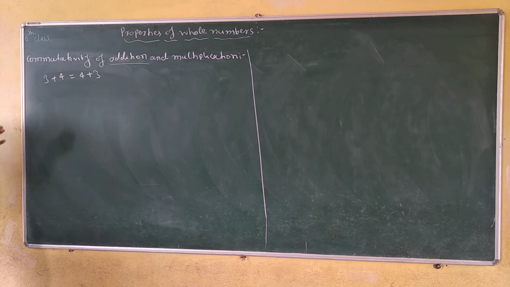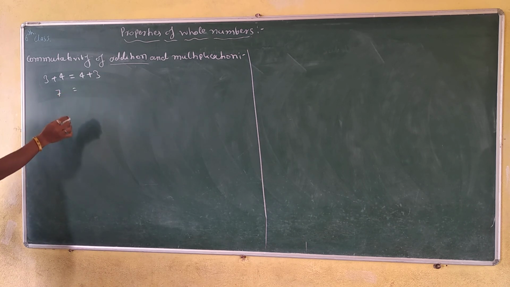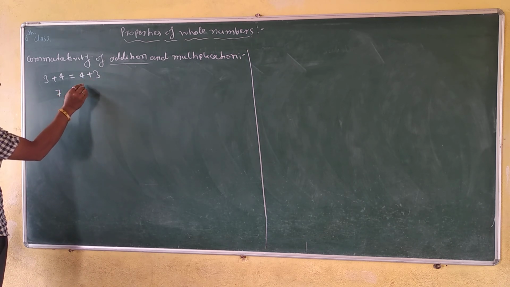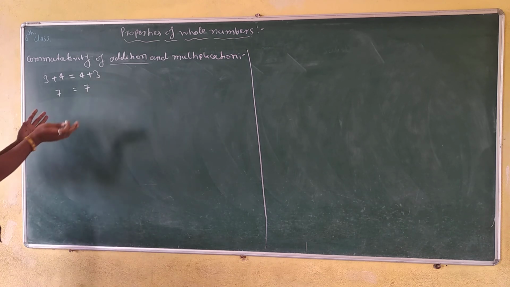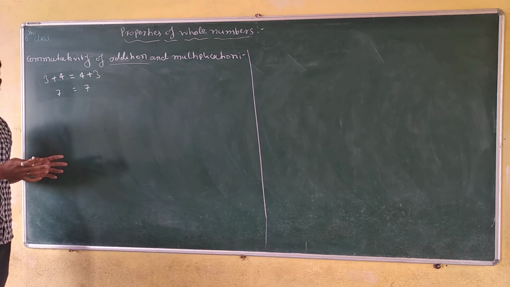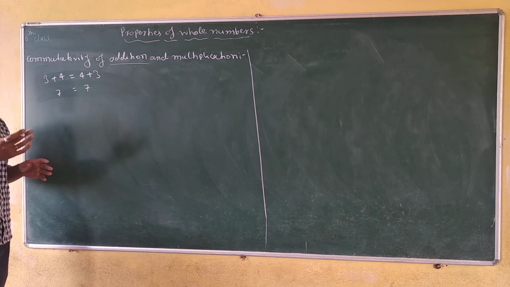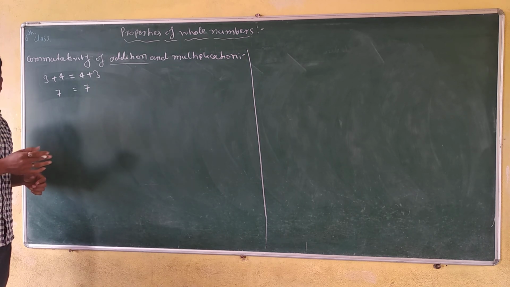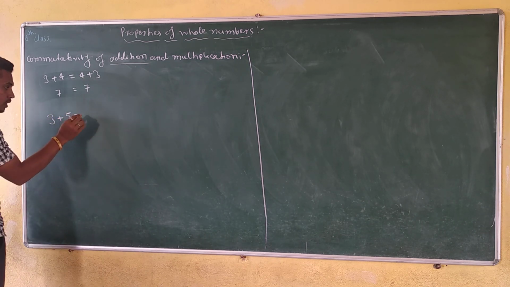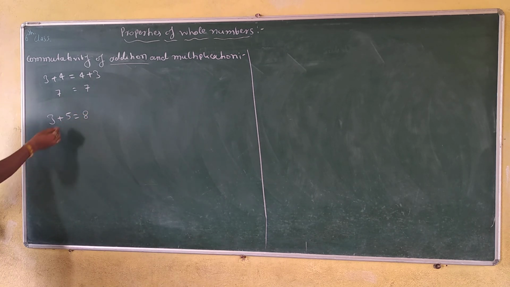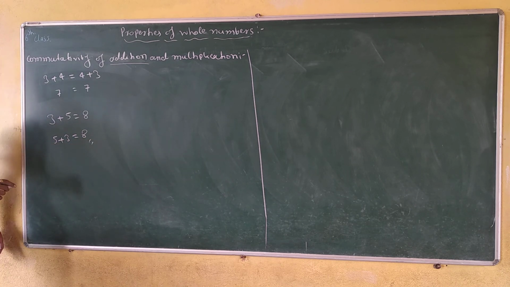Is it right? The value of 3 plus 4 is 7, and the value of 4 plus 3 is also 7. So we can add any 2 whole numbers in any order. Take another example, 3 plus 5 is equal to 8, and 5 plus 3 is also 8.